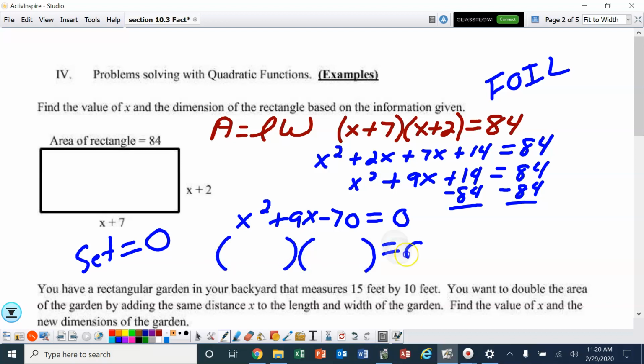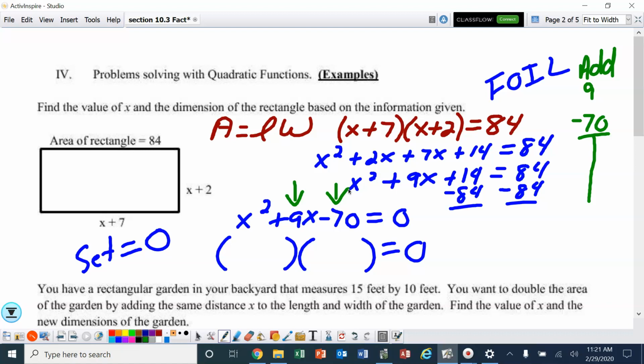Factor. Let's see. Factors of negative 70 that add to 9. Well, you might have to do a little bit of trial and error here.